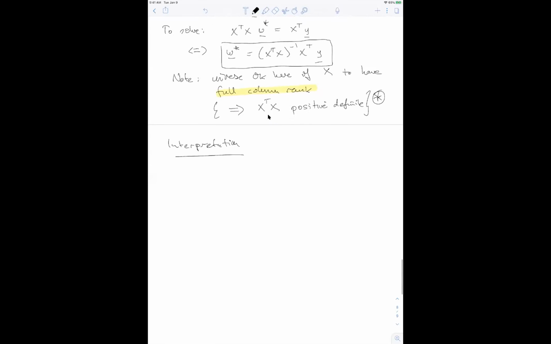What does that mean from a machine learning perspective? Well, the interpretation of it, remember what X was? Full column rank means that the features are not collinear with each other.